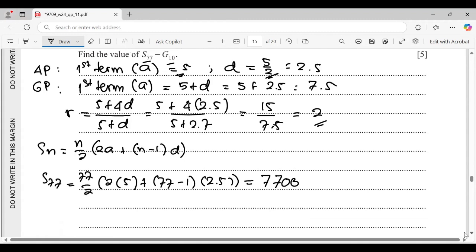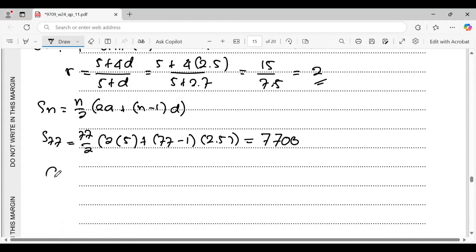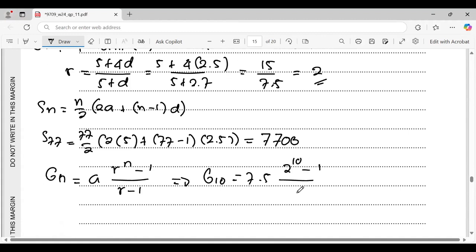And after that, G10. The formula for Gn, the geometric sum, is a times r to the power n minus 1, over r minus 1. So G10 is 7.5 times 2 to the power 10 minus 1, over 2 minus 1.